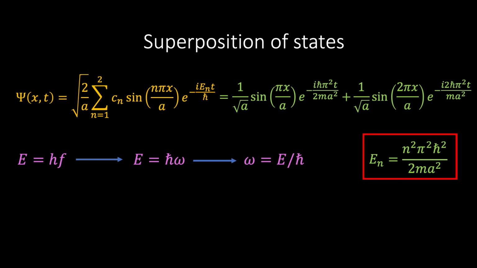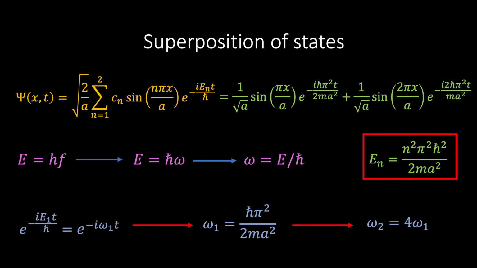And therefore, we see from the first exponential term that we can equate omega 1 as being equal to h bar pi squared over 2ma squared. And we see from the second exponential term that we can write omega 2 is equal to 4 times omega 1.